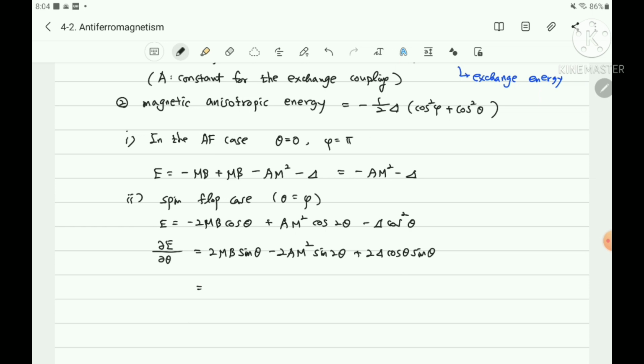Therefore, when you write it down, it is 2mB sine theta minus 2A m squared minus delta sine 2 theta, and it should be 0.